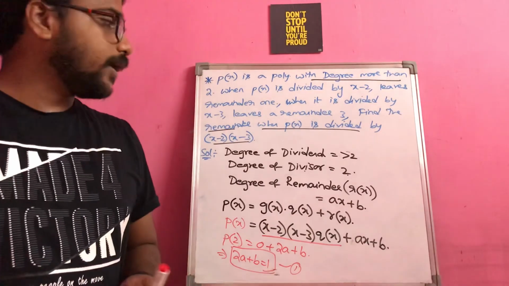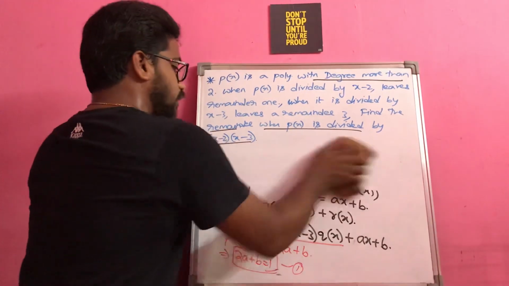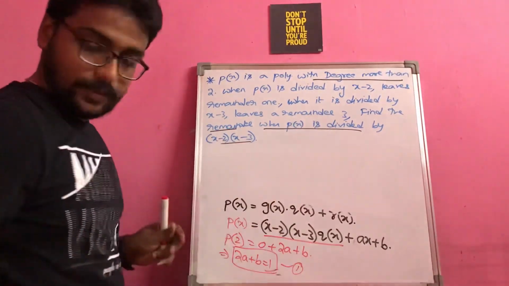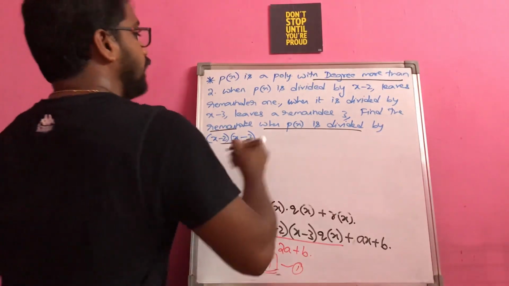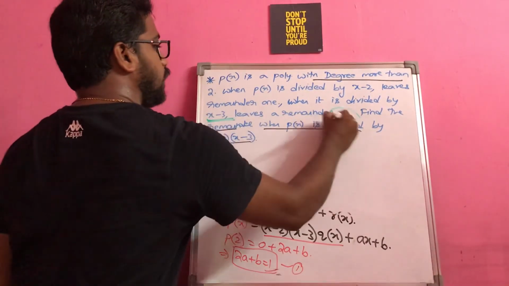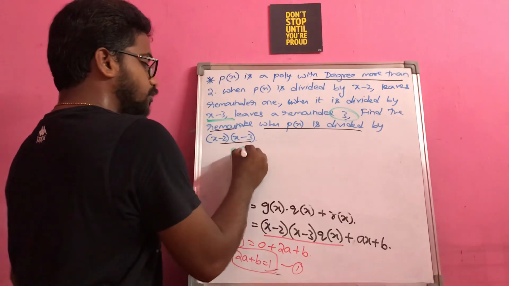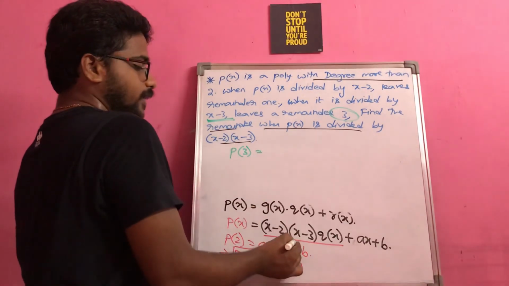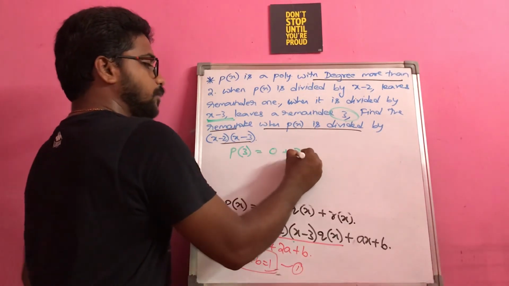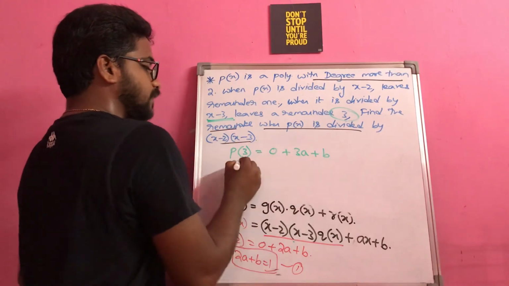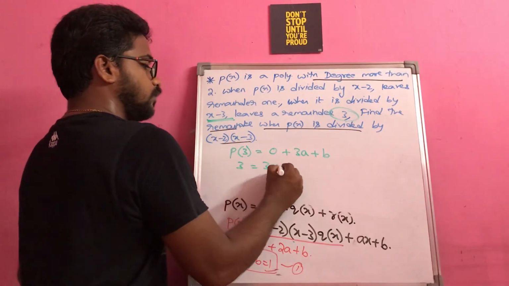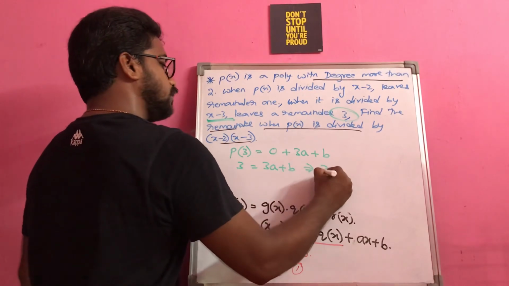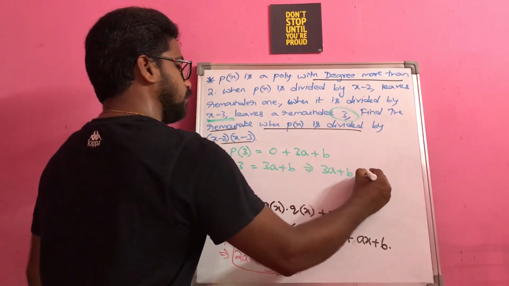Coming to the other condition they gave: when it is divided by x minus 3, it leaves a remainder 3. So if I substitute x with 3, again this term becomes 0, plus 3a plus b. They said this is 3, so 3a plus b is equal to 3.